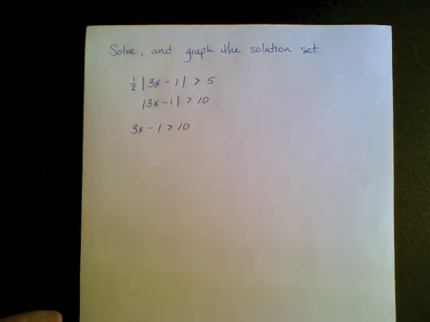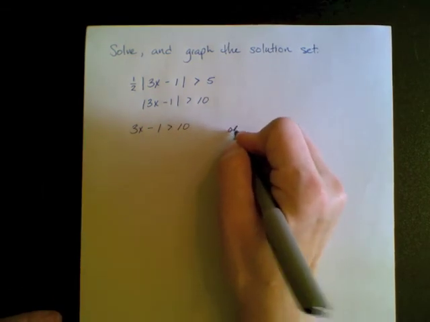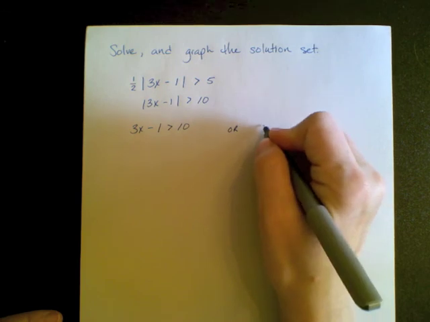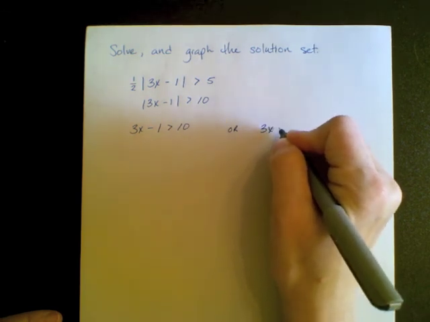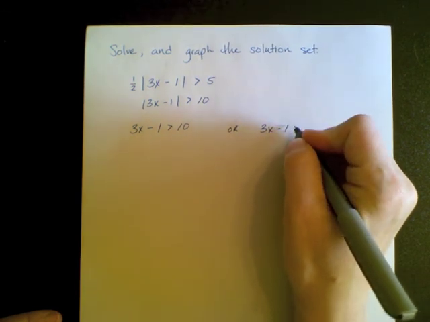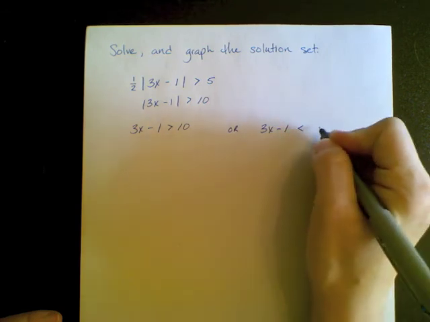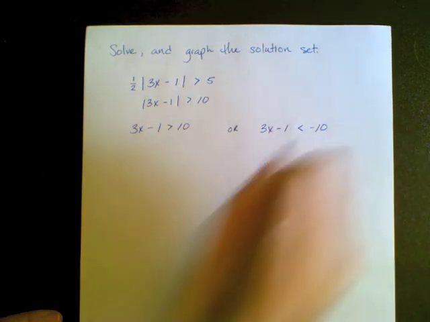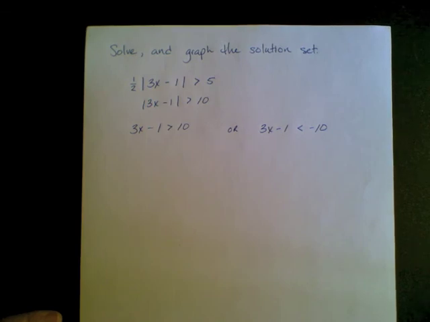So either 3x minus 1 is greater than 10, or 3x minus 1 is less than negative 10. One of those two things is true.